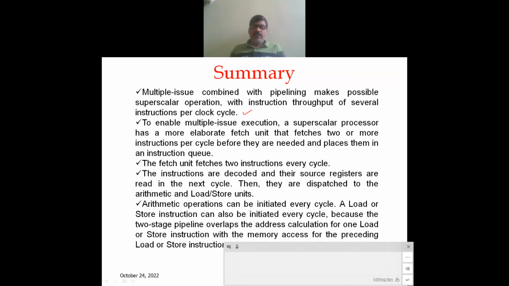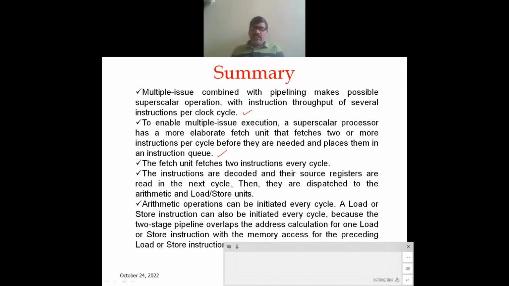And this superscalar operation will enable multiple issue execution, and a superscalar processor has a more elaborate fetch unit that fetches two or more instructions per cycle before they are needed and places them into an instruction queue. The fetch unit fetches two instructions during every cycle. The instructions are decoded and their source registers are read in the next cycle.